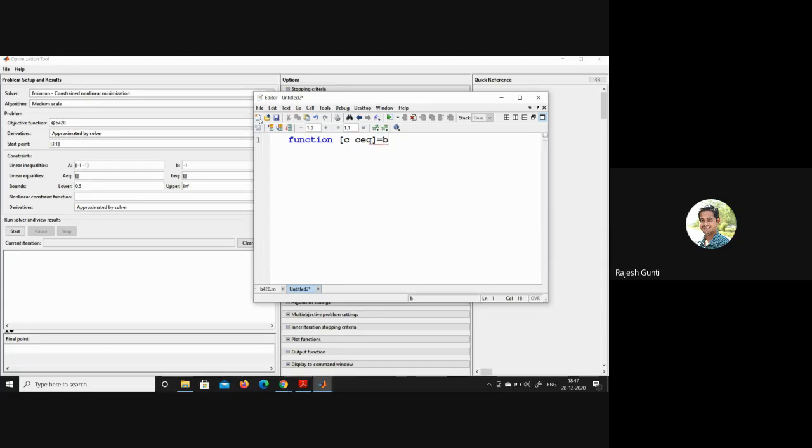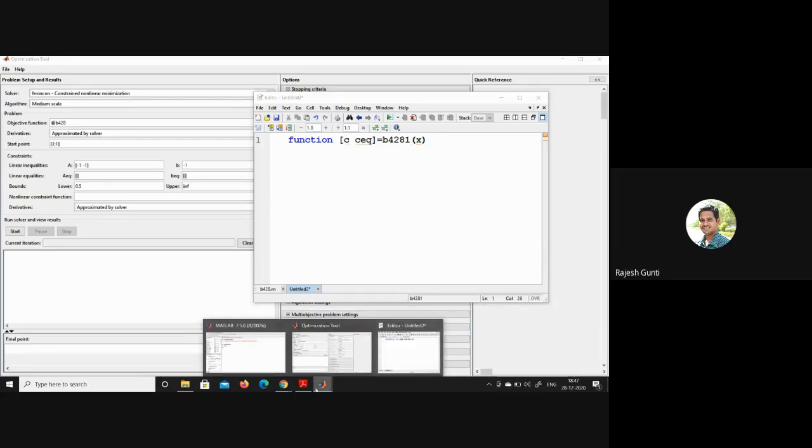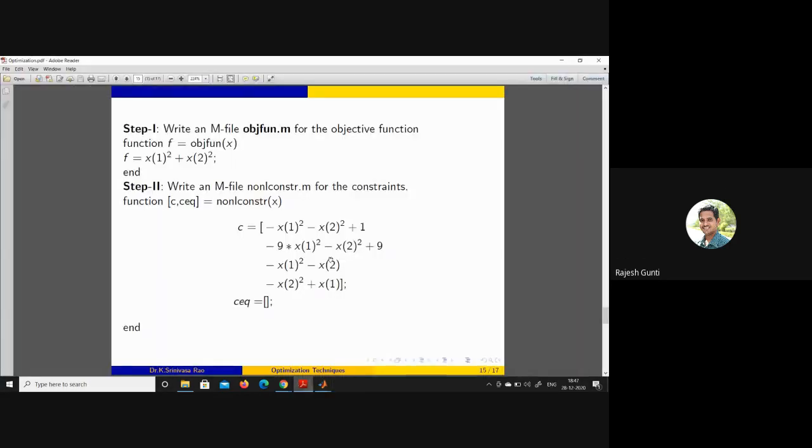So before 281. What are the inputs here? X. Am I correct? X is a variable, two equations, C and CEQ. Here I have given before 281, there I mentioned non-linear constraints. This is the objective function, I gave another name.